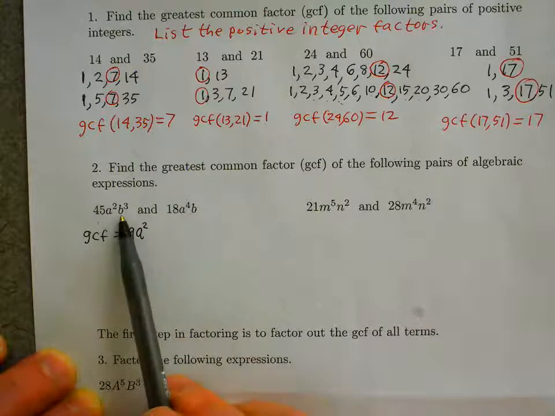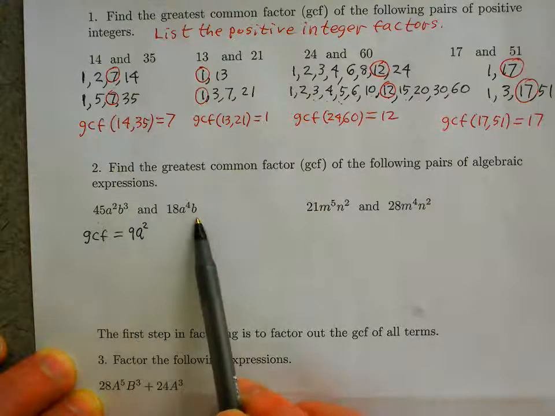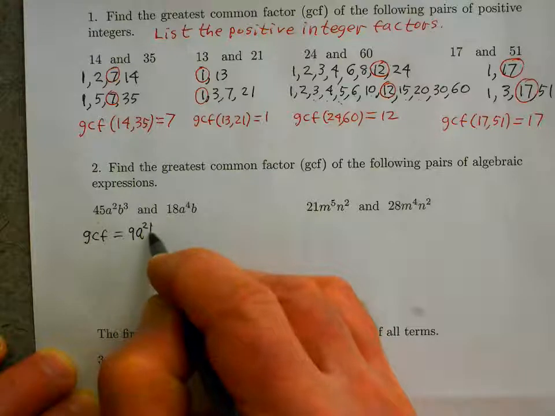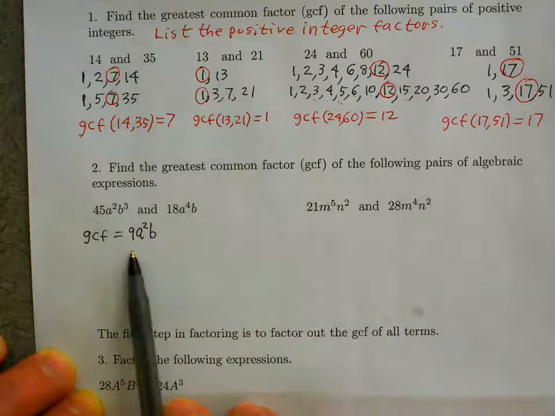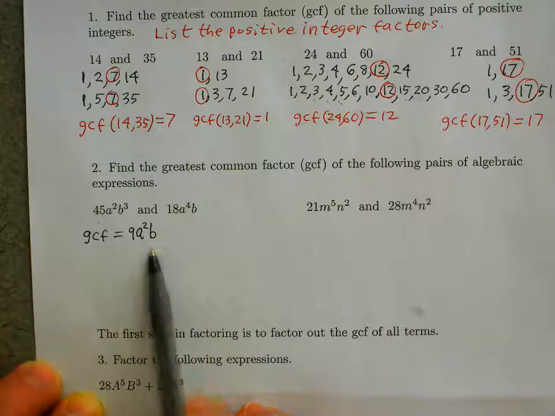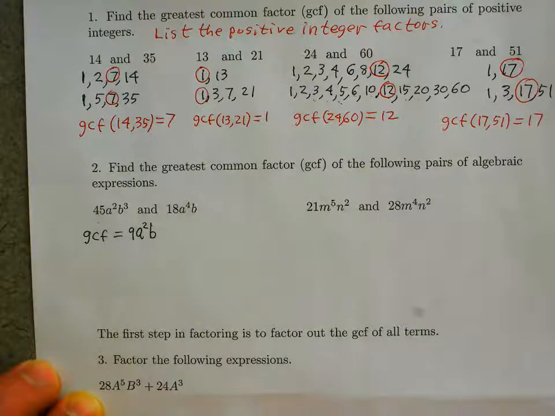And then the greatest common factor of b^3 and b is just b. So 9a^2b is the greatest common factor of those terms.